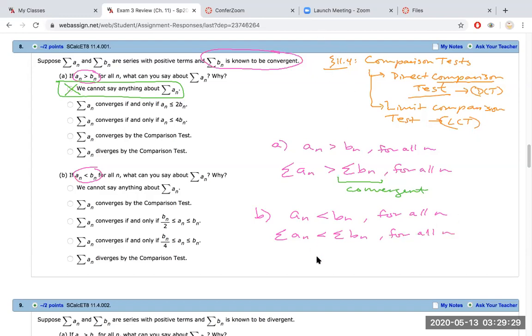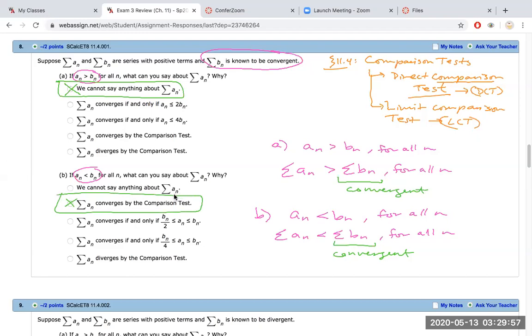Again, we know that series b sub n is convergent. Okay. For your direct comparison test, if your upper series is convergent, you know that your lower series is also convergent. Okay. So series a sub n converges by the comparison test.